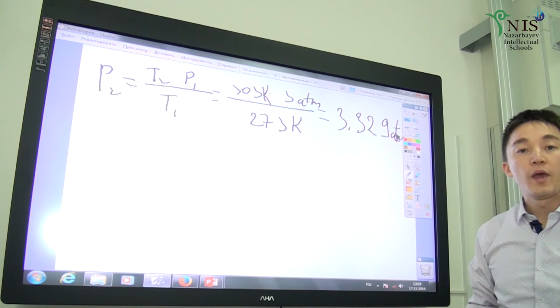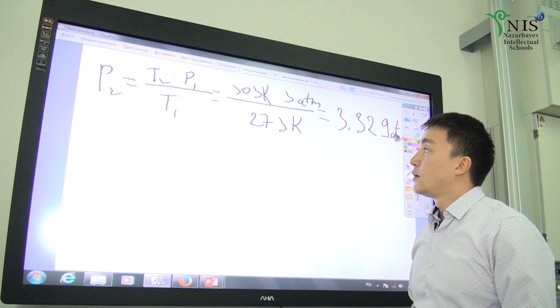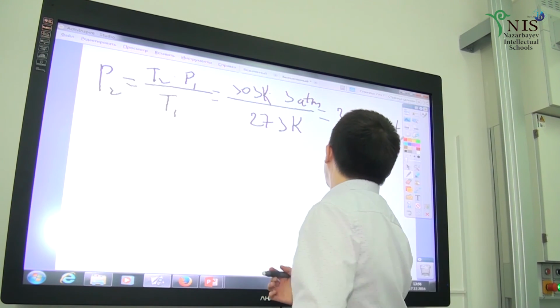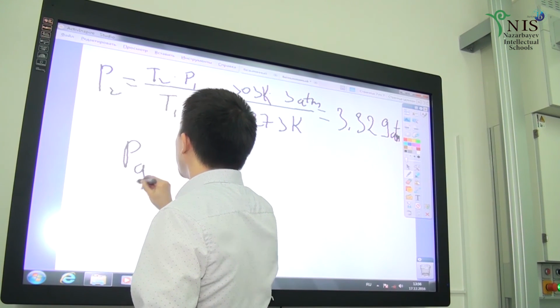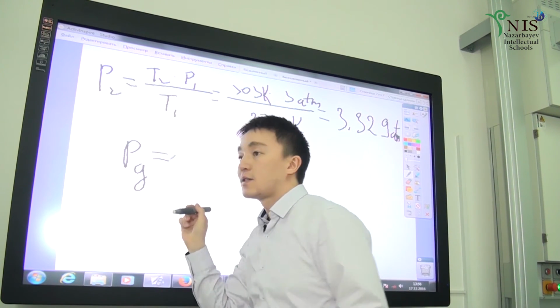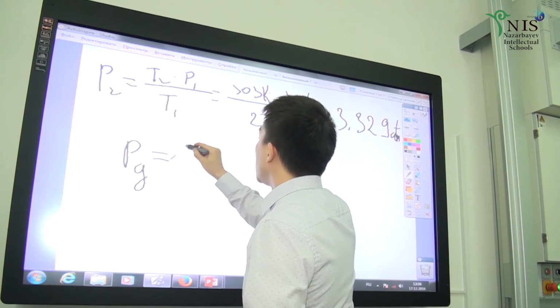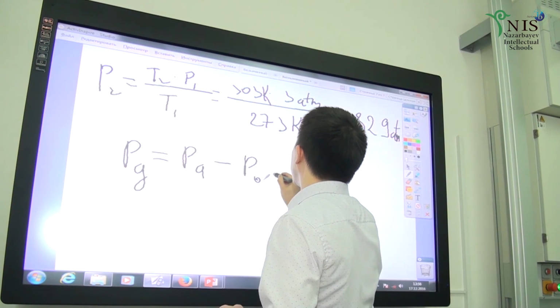So students, we identified absolute pressure. However, now let's try to identify gauge pressure. So our gauge pressure, as I said before, is the manometer reading. So it's equal to absolute pressure minus atmospheric pressure.